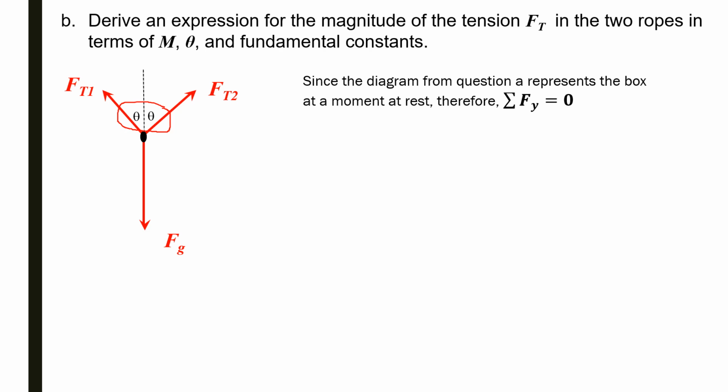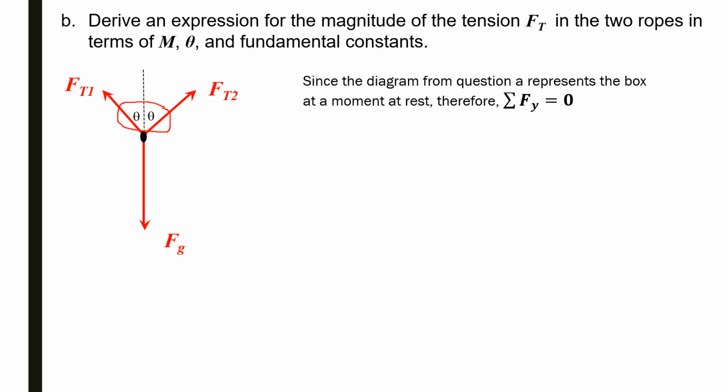Since the box is at rest at that moment, the summation of forces on the y-axis, the vertical axis, is 0. It means that the force going up is equal to the force going down. That's why there's no change in position.